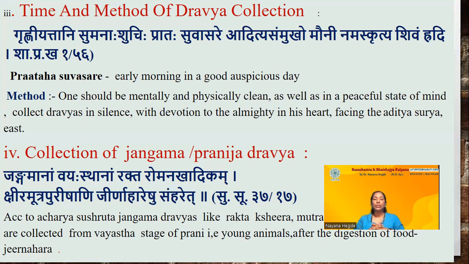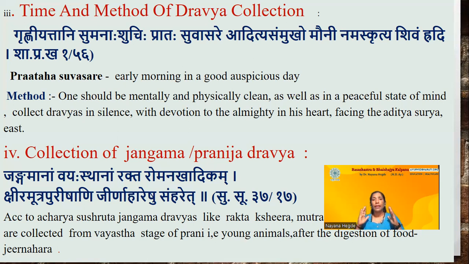Next is collection of Jangama and Pranija Dravya. So this is about the herbal drugs we studied. Now, if we are collecting the Jangama and the Pranija Dravya, what are the rules? Jangamanam Vayasthanam Rakta Roma Nakadikam Shira Mutra Purishani Jirnahareshu Samhare.